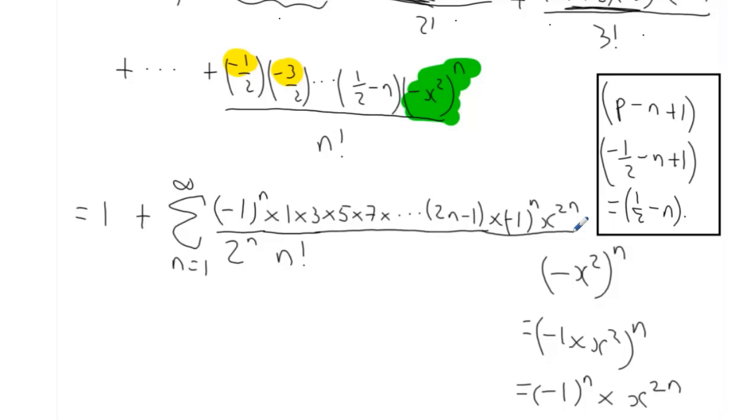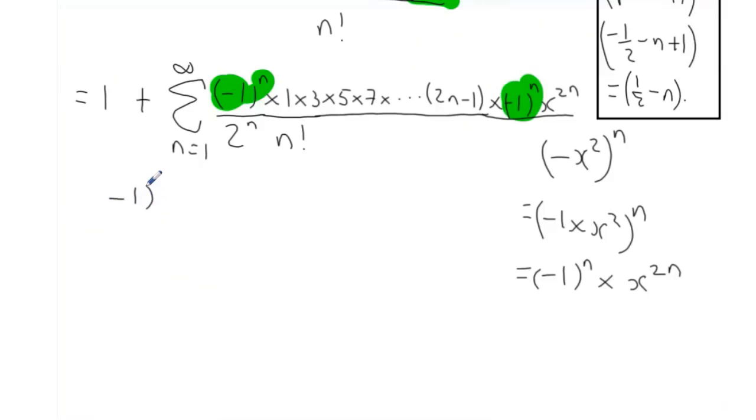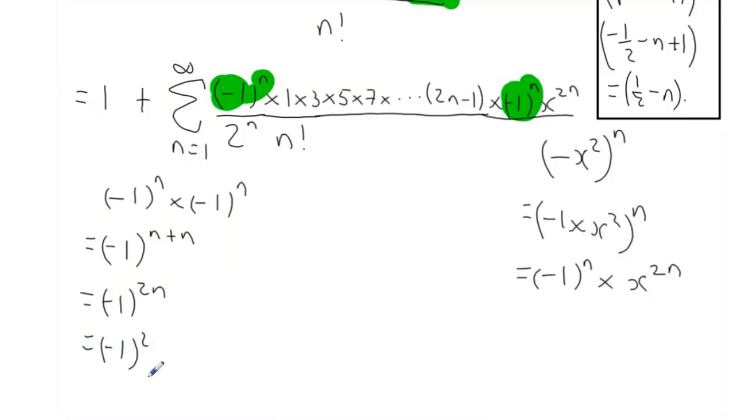So now, if you look at these two minus 1 to the n terms, well, that can simplify it really nicely. That is minus 1 to the n times another minus 1 to the n, which is minus 1 to the n plus n, which is minus 1 to the 2n, which could be written as minus 1 squared to the n.